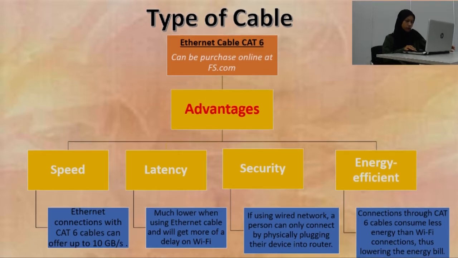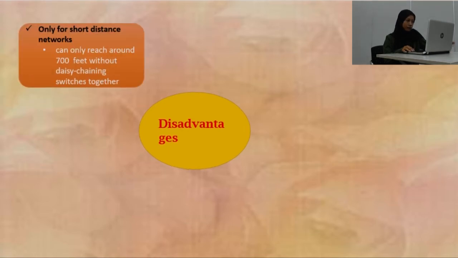So next I will present the disadvantages of the Ethernet cable Cat6. One of them is that it is only for short distance networks, it can only reach around 700 feet without daisy chaining switches together. The second one is that it can affect performance.